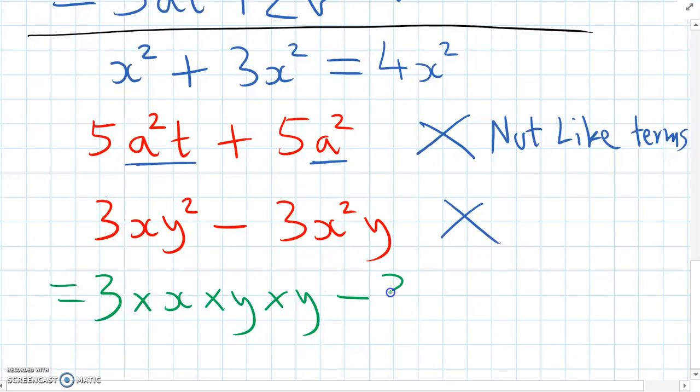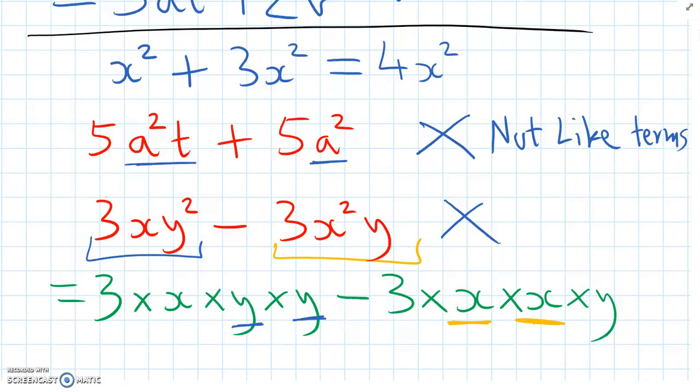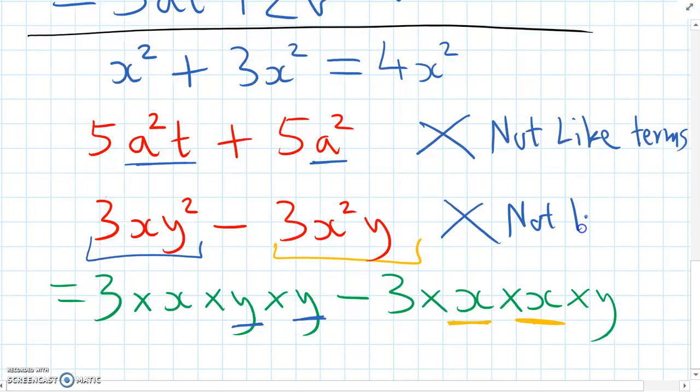Take away 3 times x, and x squared means times x again, and times y. So looking at this in expanded form, we can see we have 2 y's multiplying in the first term, but in the second term we have 2 x's multiplying. So again, these are not like terms, so we can't group those.